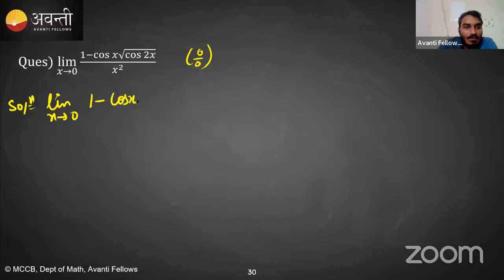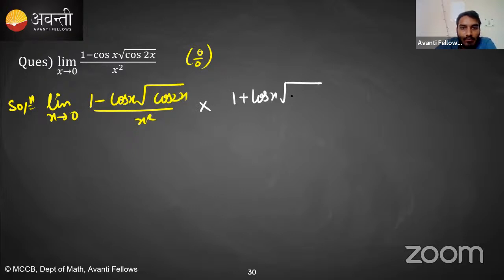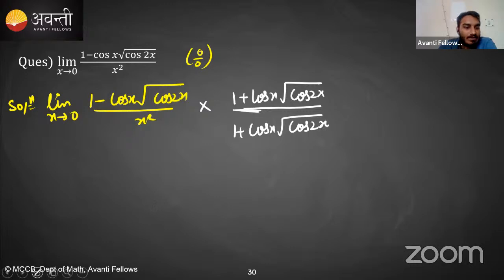Using rationalization, simple. Multiply by 1 plus cos x under root of cos 2x divided by 1 plus cos x under root of cos 2x. Clear? So in the numerator you will see it is becoming a minus b into a plus b, which is a square minus b square.